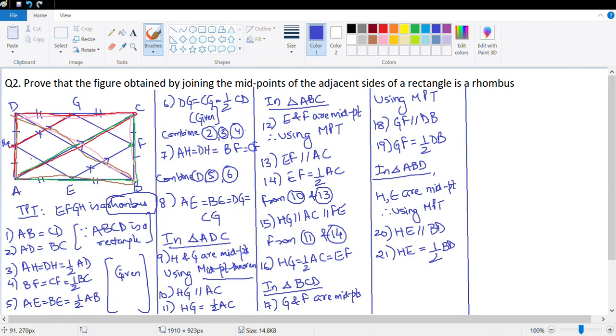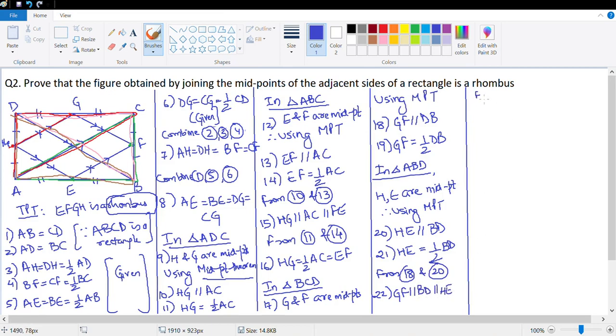So let's represent this visually. HE is parallel to BD and BD is parallel to GF, which means GF and HE are also parallel, and both of them are equal to half of BD. So let's write this down. From 18 and 20, I get number 22: GF parallel to BD parallel to HE.